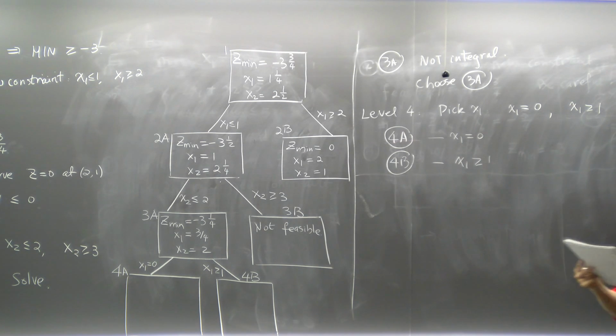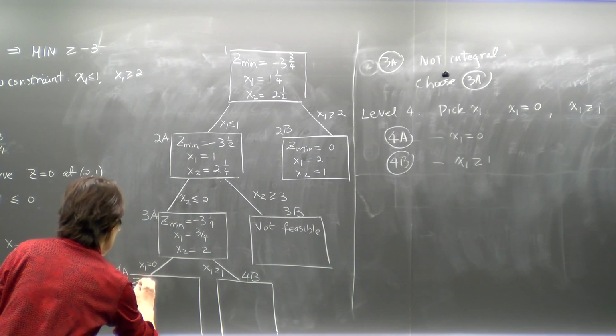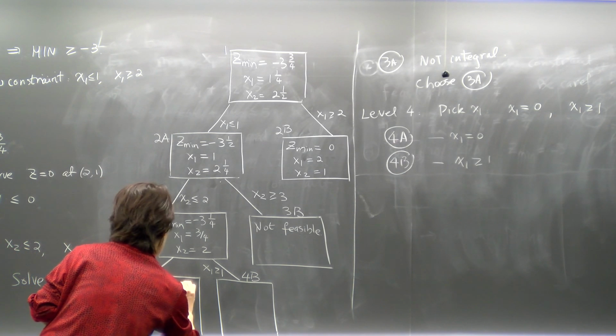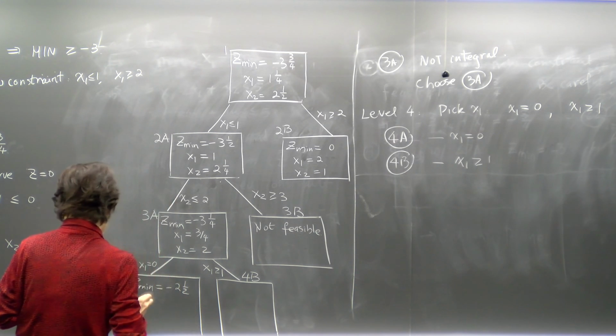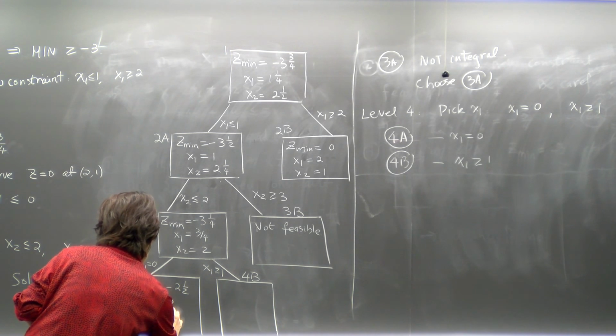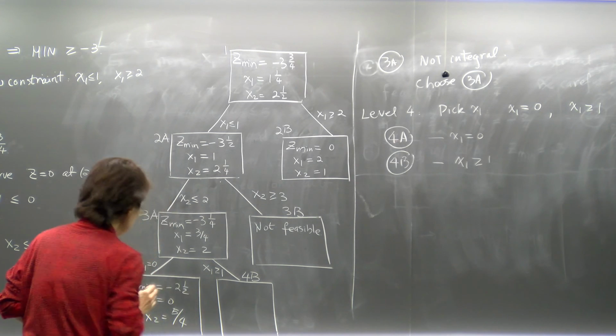Okay? So if you solve that, for 4a I have the solution z min is negative 2.5, x1 is 0, x2 is 5/4.